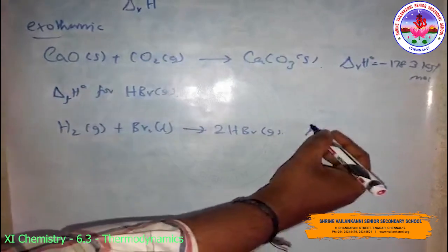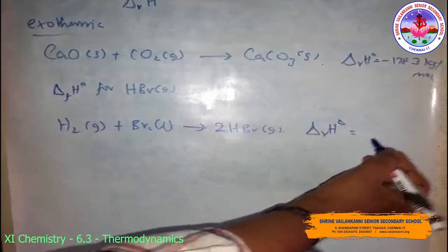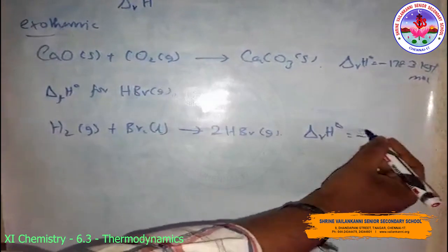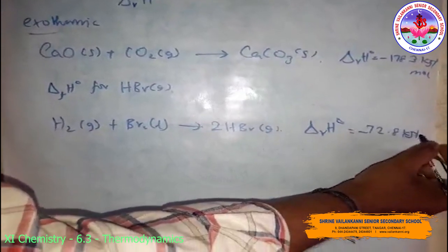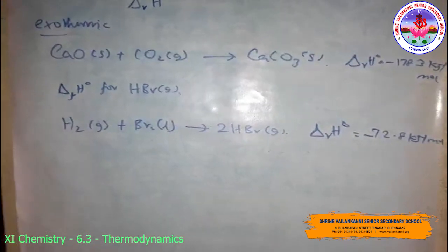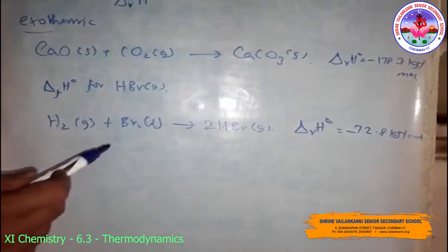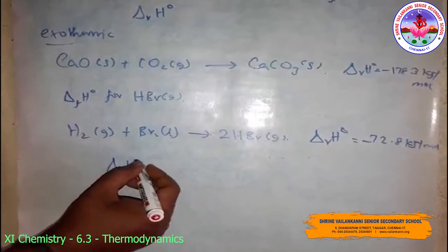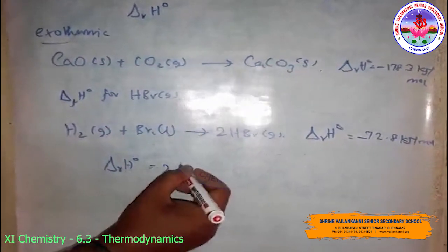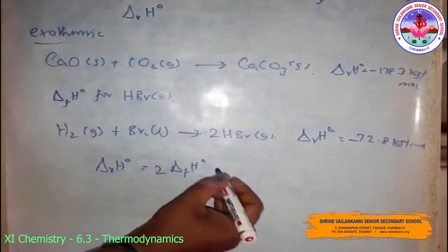Here the standard enthalpy of reaction is minus 72.8 kilojoule per mole. Here 2 moles instead of 1 mole of product are formed, so the standard reaction enthalpy is for 2 moles.